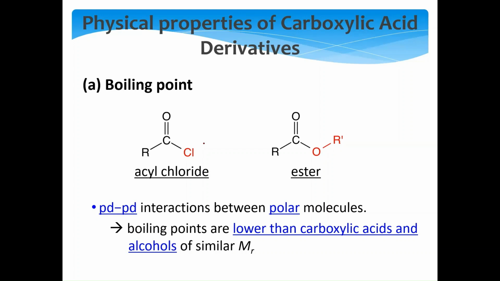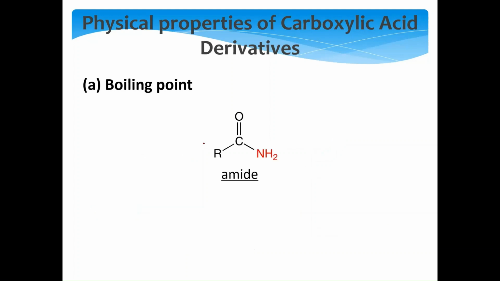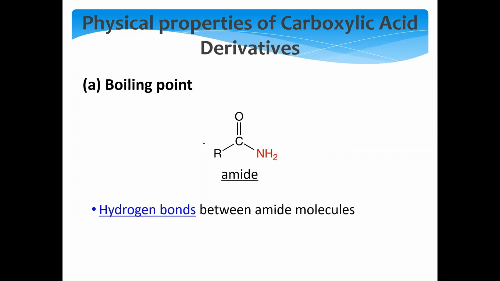In other words, there's no H bonded to O, F or N, hence they are not able to form intermolecular hydrogen bonding for acyl chloride and ester. Now, if we look at amide, however, amides are capable of intermolecular hydrogen bonding.